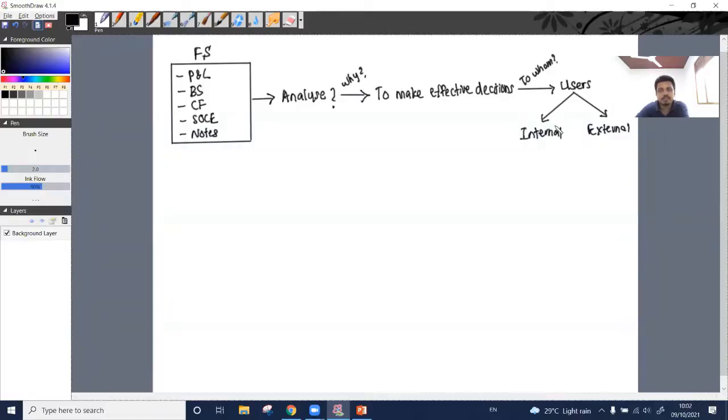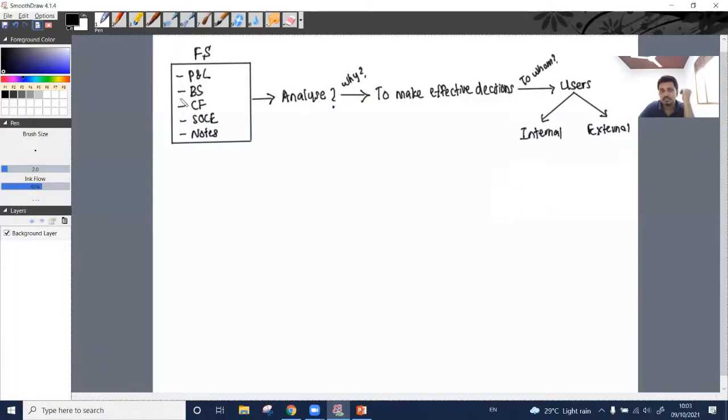If you take a potential investor or an existing investor, the purpose for which he or she analyzes these financial statements may differ from someone else's, right? Government analyzes this with a different purpose in mind. An investor analyzes these financial statements with a different purpose.